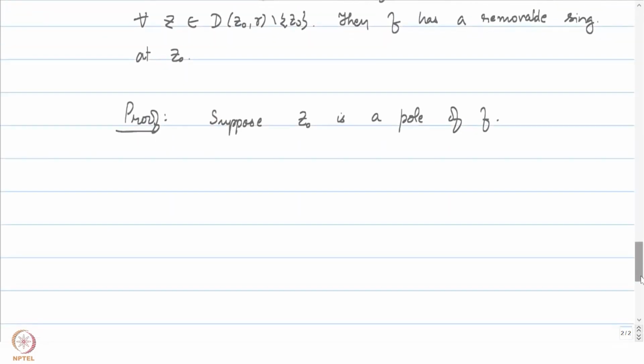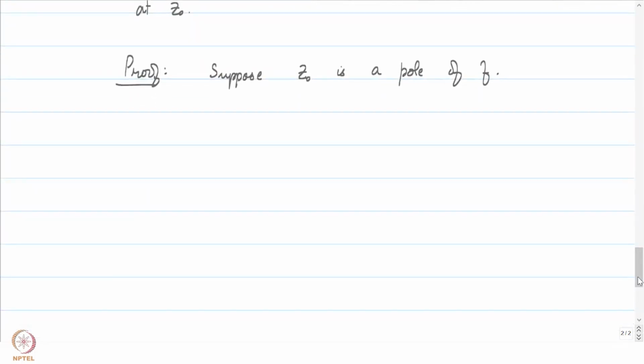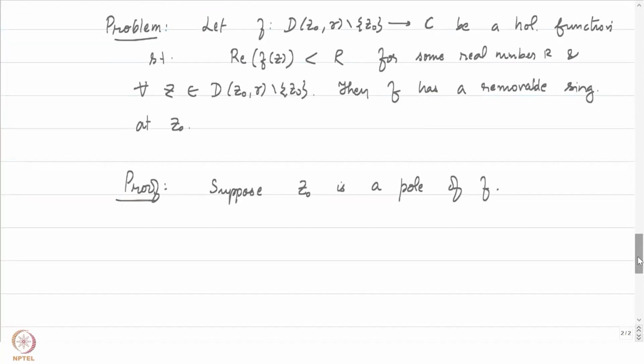Then what will happen? By our previous problem, we know that there is some capital R. So maybe the R's shouldn't be confused. Maybe I should change it to M, so that I can work freely with R's.